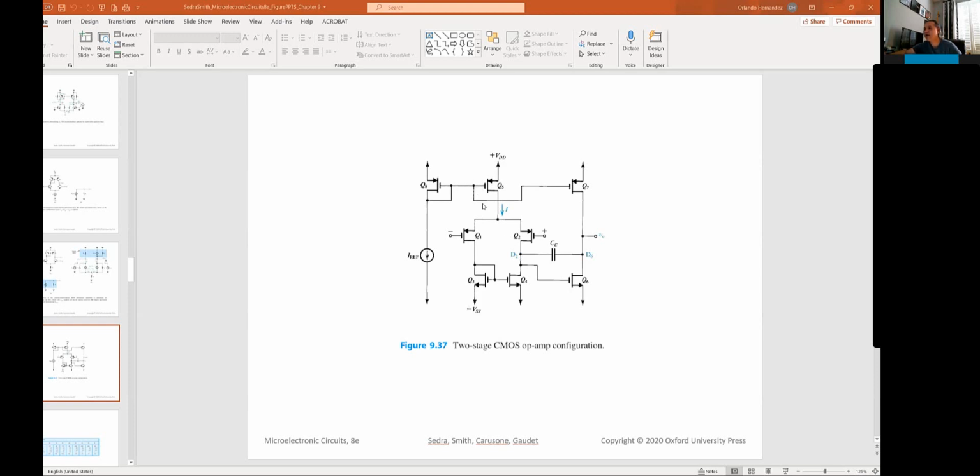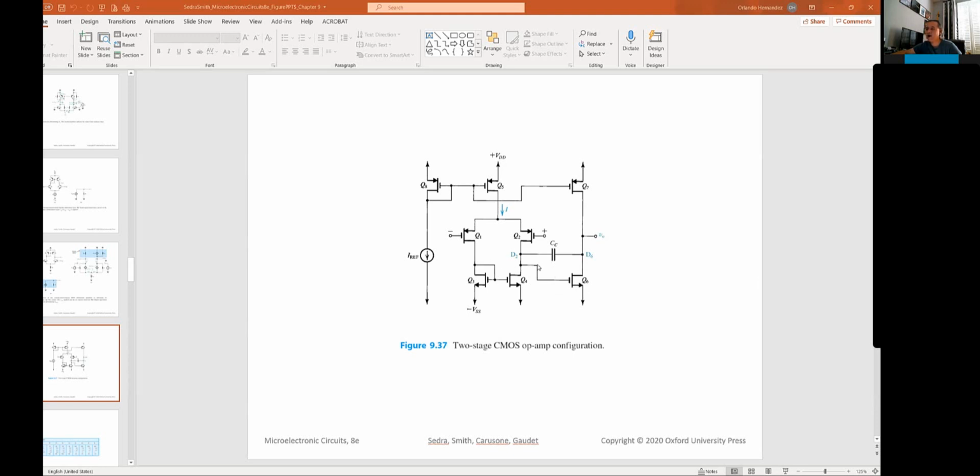And here, this current mirror also is developing a bias for Q7 that is acting as a dynamic load for a common source amplifier Q6, which is the second stage.